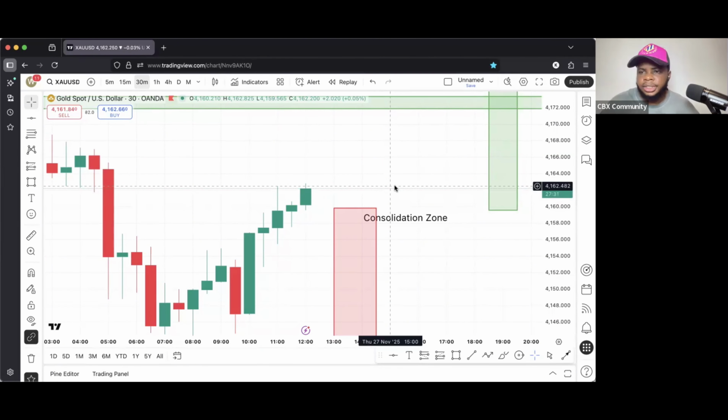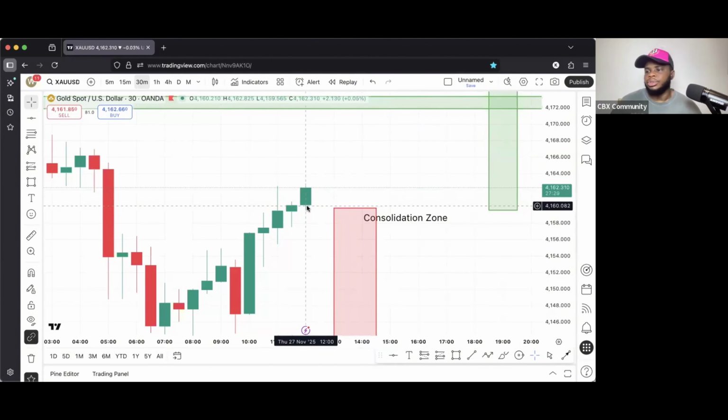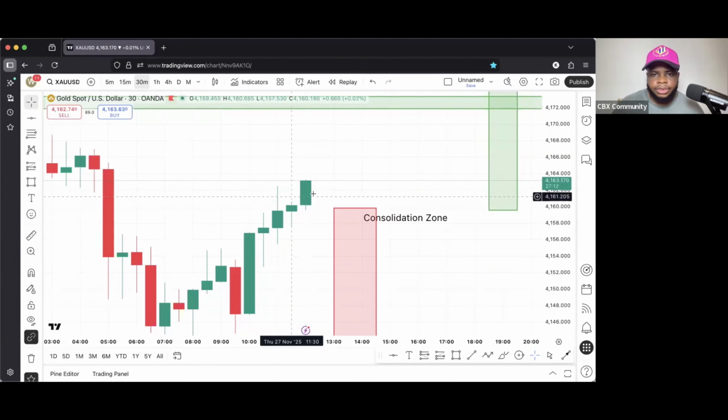Let's see what this recent candle wants to do right now. Okay, so this recent bullish candle has broken the high of this bullish candle over here.